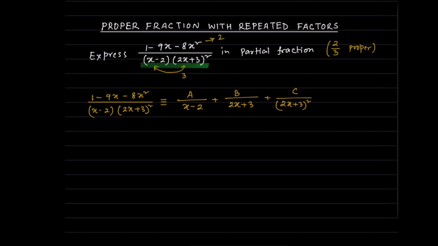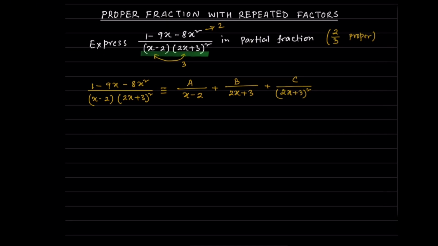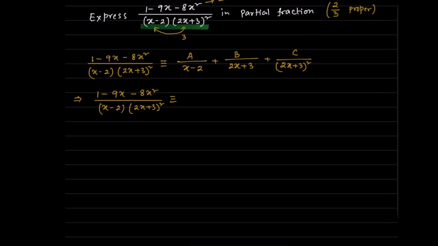Okay, now we can again write this as 1 minus 9x minus 8x square divided by x minus 2 and 2x plus 3 whole square, identical.